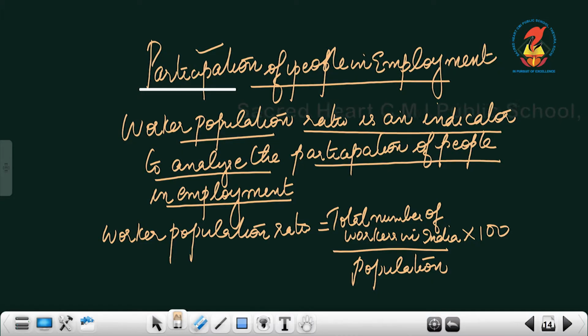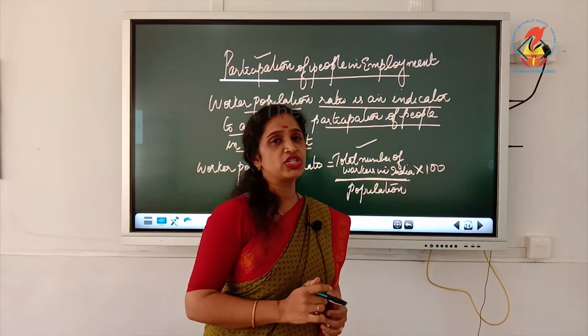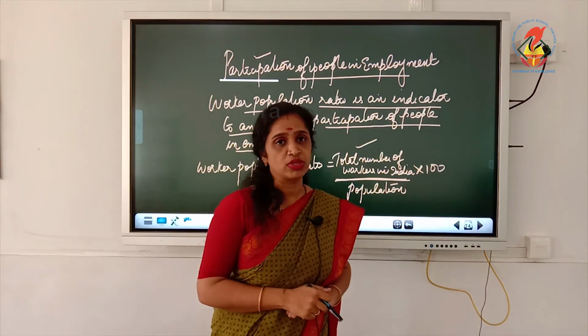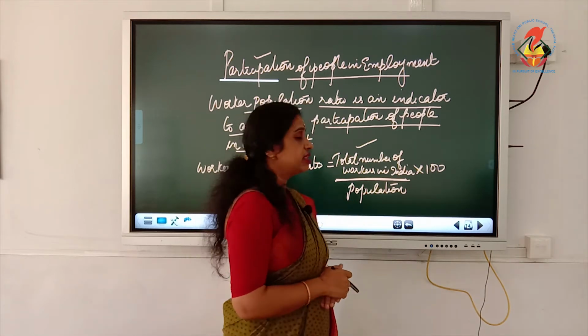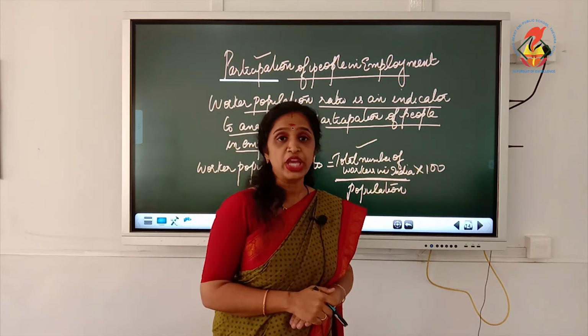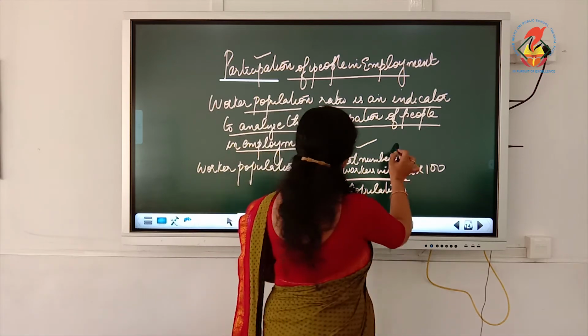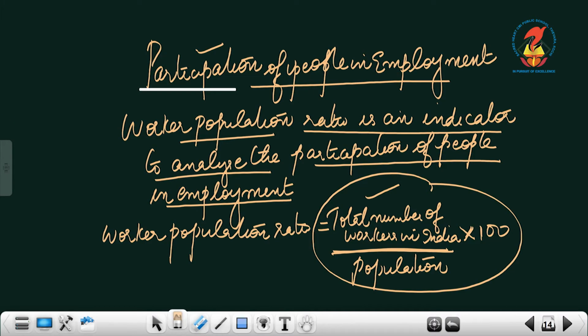Worker population ratio is equal to total number of workers in India divided by the population of our country into 100. So, this is the formula to find out the worker population ratio.